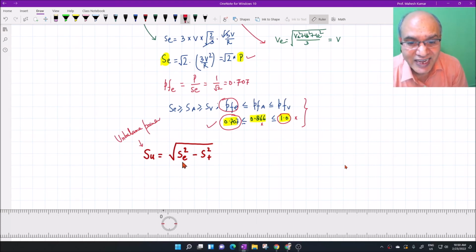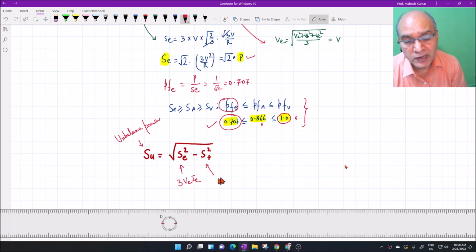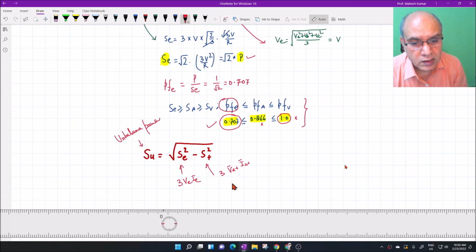What is SE? SE is the effective apparent power, 3 into VE into IE. What is S plus? Positive sequence apparent power, 3 into VA plus IA plus, okay, conjugate of this and then mod of this. So that term is defined as unbalanced apparent power, you can say, or unbalanced power.